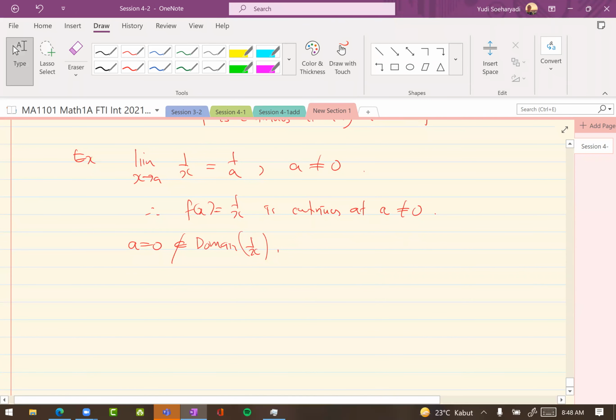Continuity is irrelevant there because it is not in the domain.